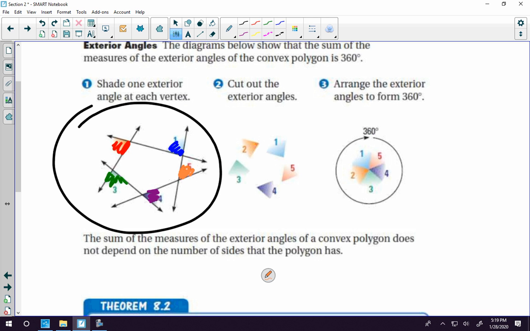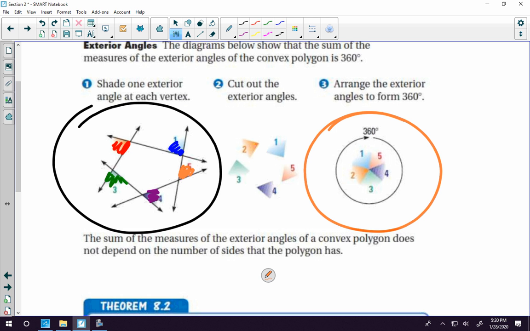The bottom line is this: when you take those 5 exterior angles that I put in blue, red, green, purple, and orange, and you put them together, they make a circle. And that will always happen, no matter how many sides the convex polygon has. If you take its exterior angles and put them together, as shown on the right, they will make a circle.